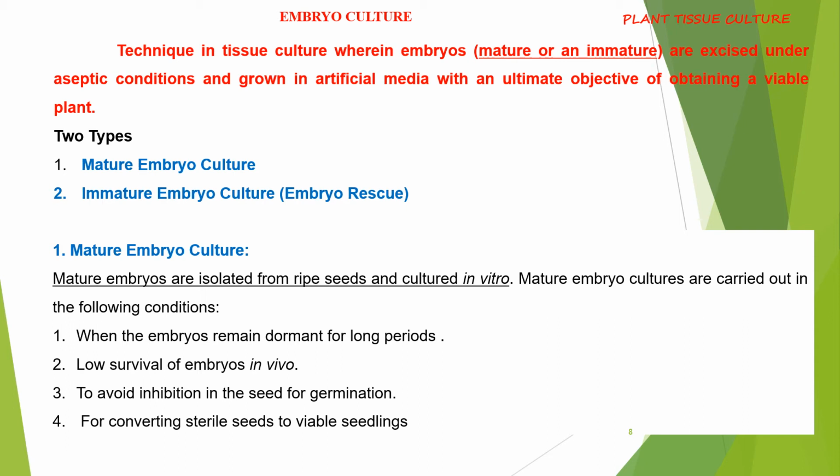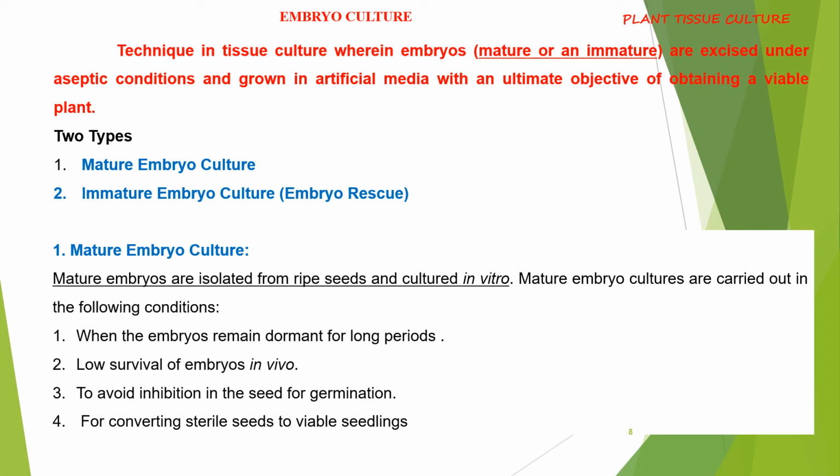In mature embryo culture, mature embryos are excised from the ovary and inoculated on the nutrient media for obtaining healthy, viable plants. This is mostly done in cases where the embryos are dormant for long periods.